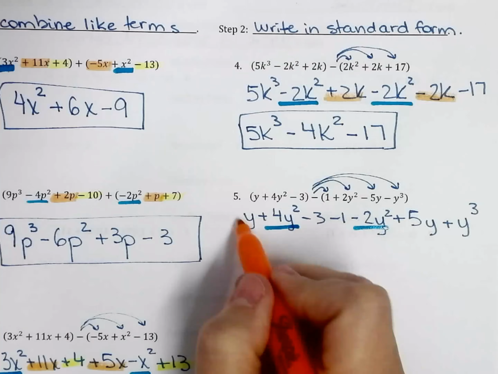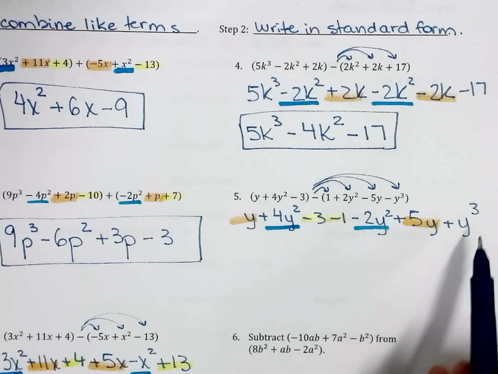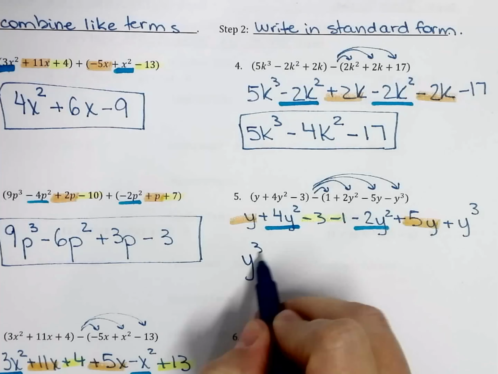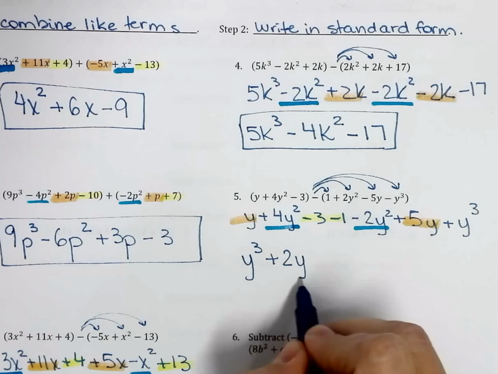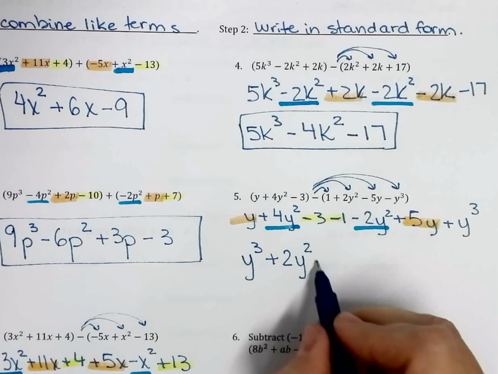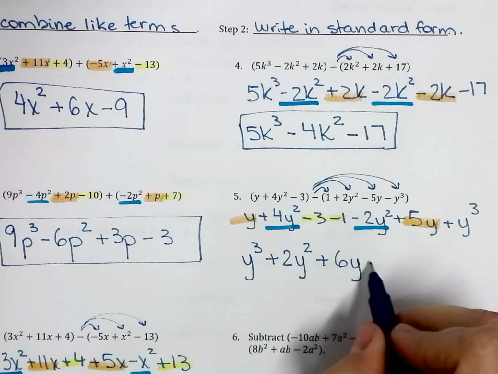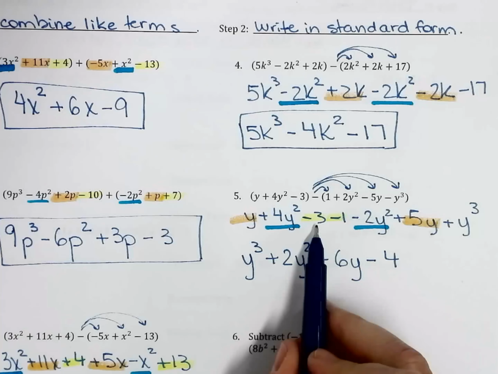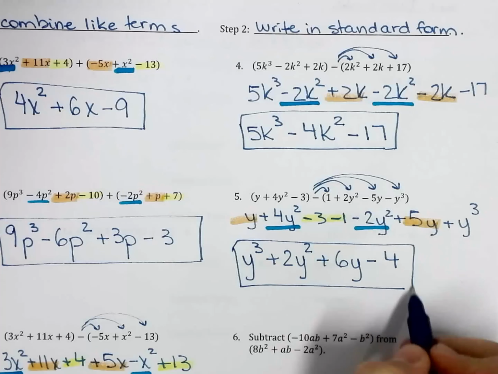I have y. And I have 2 constants right there. All right. So y cubed. Y squared, I have 4 minus 2 is 2. Y squared. 1 and 5 is 6. And then constant is negative 4. So negative 3 minus 1 is negative 4. One more on this page.